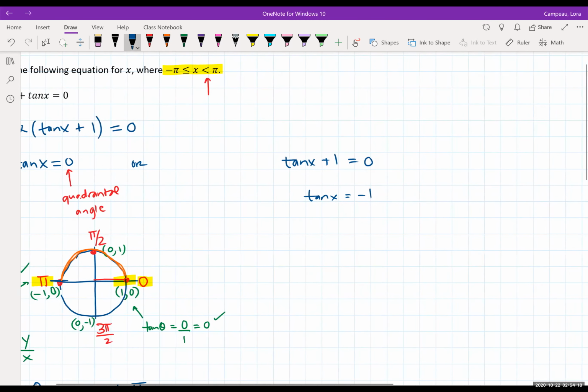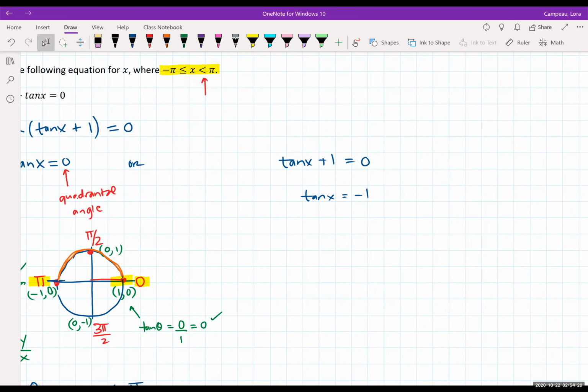Right away, whenever I'm talking about the tangent of x being something with a 1, that's really going to clue me in. Not the fact that it's negative, but the fact that it's 1, you are looking at a 45-45-90 triangle. If you remember what those are, we're trying to understand the tangent.